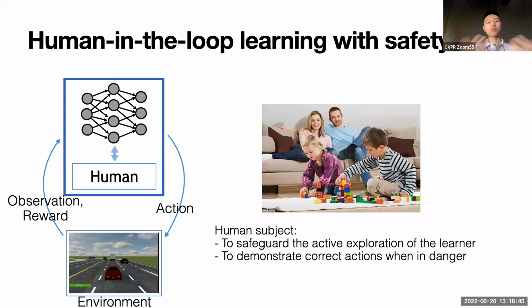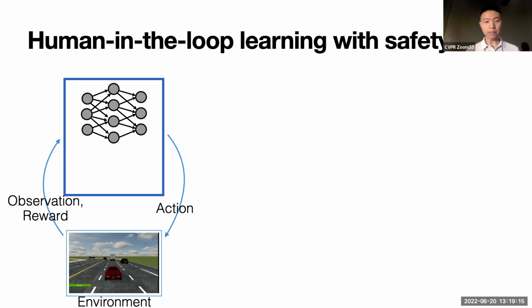You can think of this human as a parent or guardian that supervises the exploration of the kids. Whenever some accident or danger is about to happen, they will actively get involved and demonstrate the correct actions. So this kind of human-in-the-loop learning method is very important for real-world applications of embodied AI.